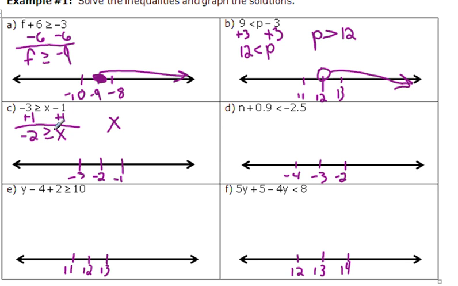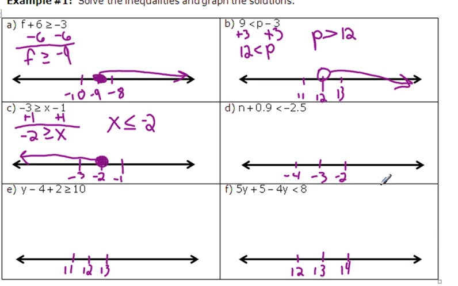So this time, since the Pac-Man is eating the negative 2, I have to keep it that way. So when I turn it around, that Pac-Man is still eating the negative 2. So I'm going to make a closed circle at negative 2 since it's got an equal to with the inequality. And now since it's less than, I'm going to the left.